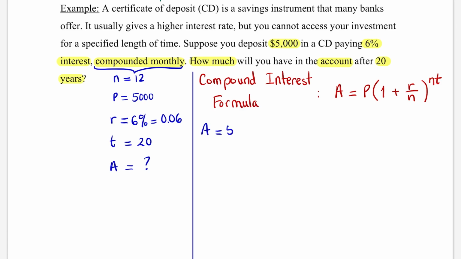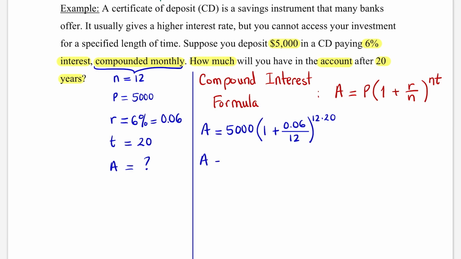A equals 5,000 times 1 plus 0.06 divided by 12 raised to 12 times 20. So I'll simplify, taking 0.06 divided by 12, I get 0.005, and then 12 times 20 is 240.